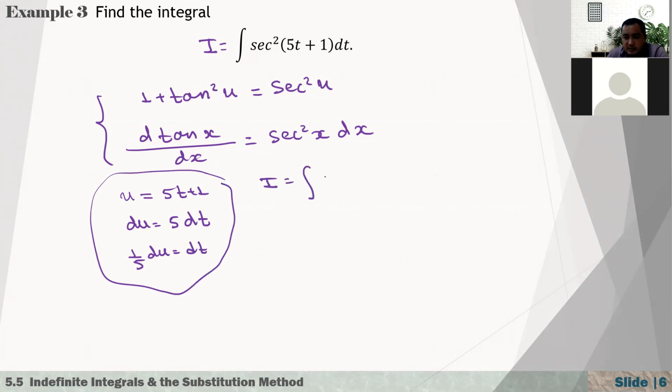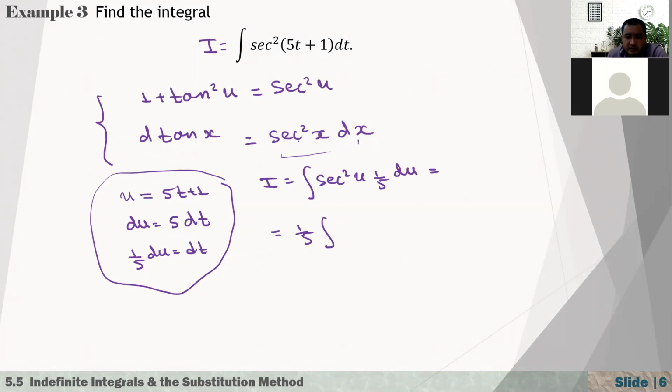The integral of secant squared of u, instead of dt, I can write 1 over 5 du, which is equal to 1 over 5 times the integral of secant squared of u du. And I should not write dx here, since we already have du on the right hand side.